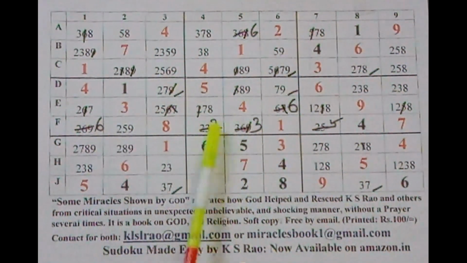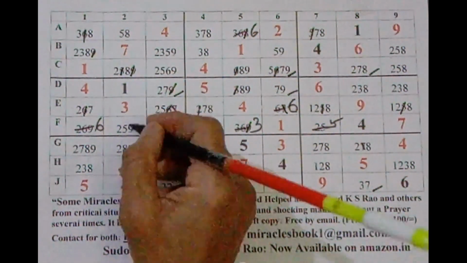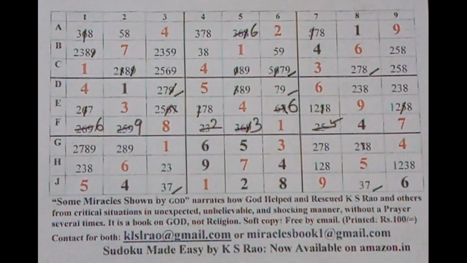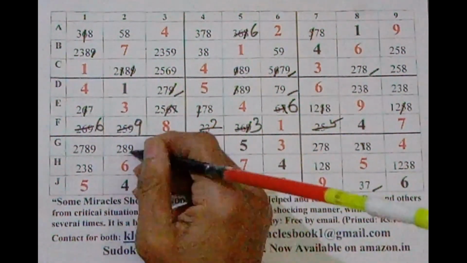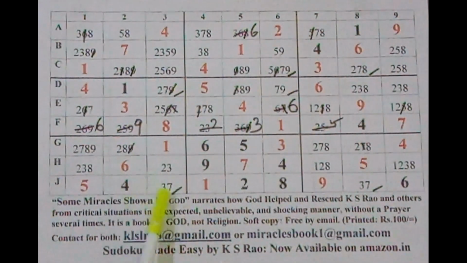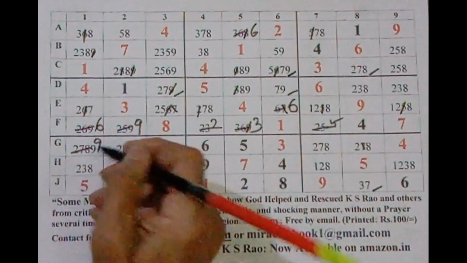We have a 2 here and a 5 here. Therefore, at F2 what follows is number 9, and that 9 we can delete here also. In which case, looking at this box, the only place a number 9 is occurring is G1. Let's put that 9 there.